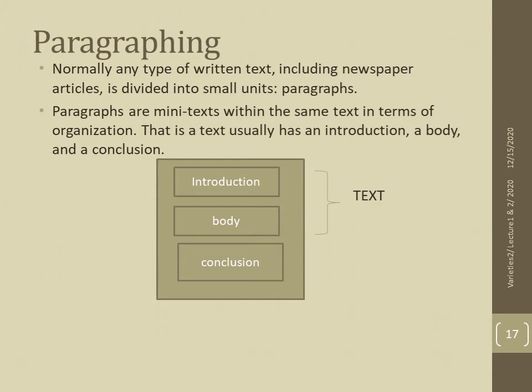Paragraphs are many texts within the same text in terms of organization. That is, a text usually has an introduction, a body, and a conclusion, just like any ordinary essay. There could be one body paragraph or two body paragraphs, depending on the content, and a concluding paragraph. Okay, that's normally how texts work.